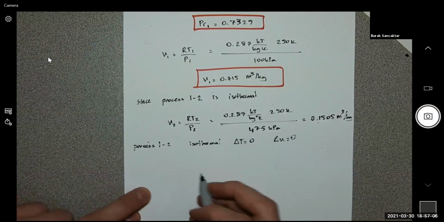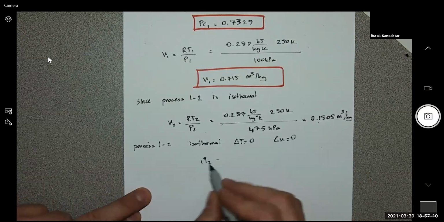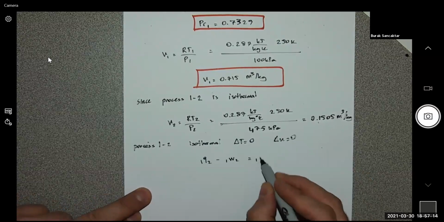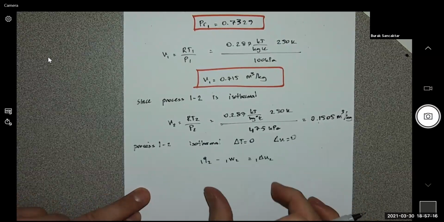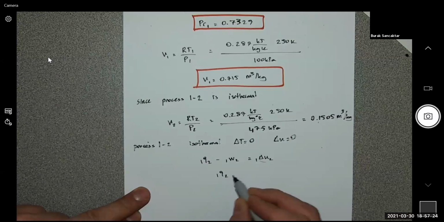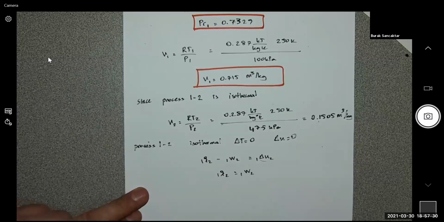So, on first law of thermodynamics, Q minus work from state 1 to state 2 equals internal energy difference between the states. If U is the same between two states, Q1 to 2 equals work from state 1 to 2.